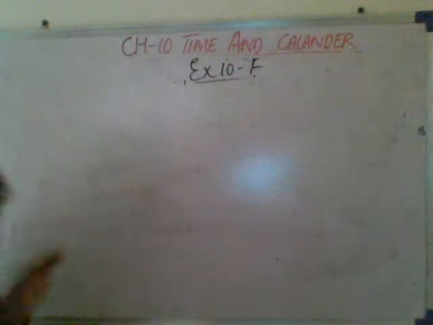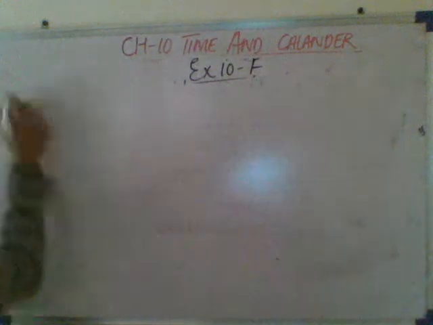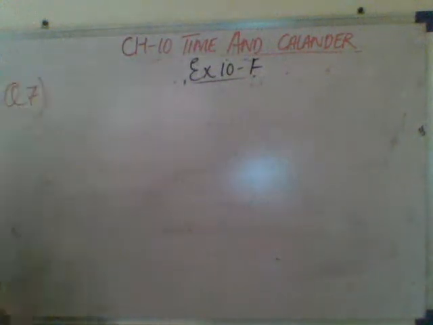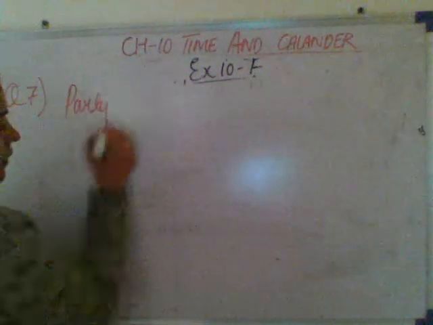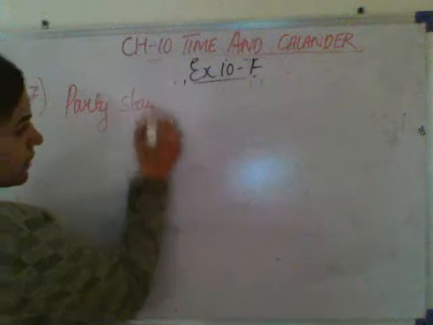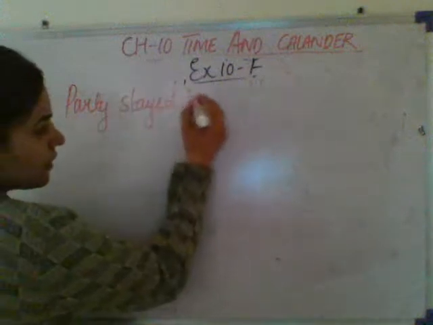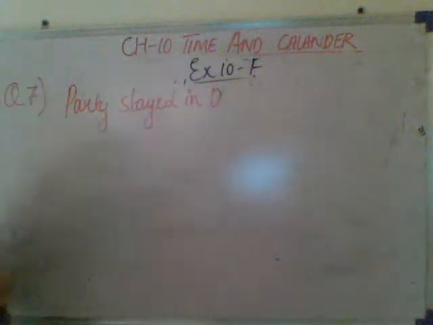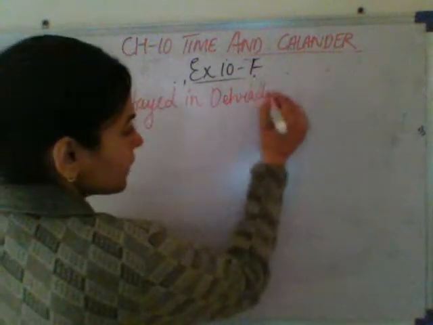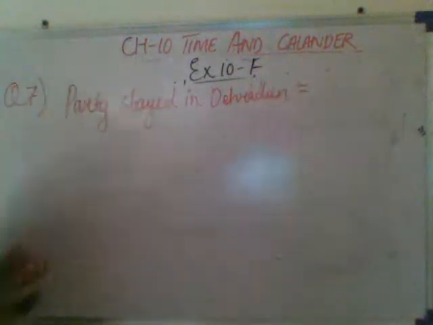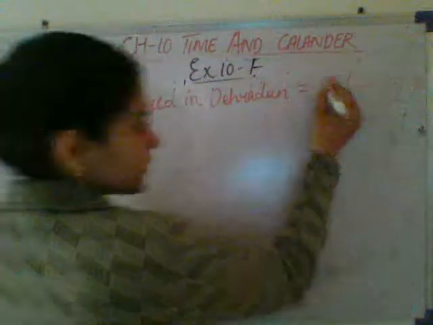Now let us start this question. In question number 7, what is given? There is a party. That party stayed in Dehradun for how many days? 8 days.